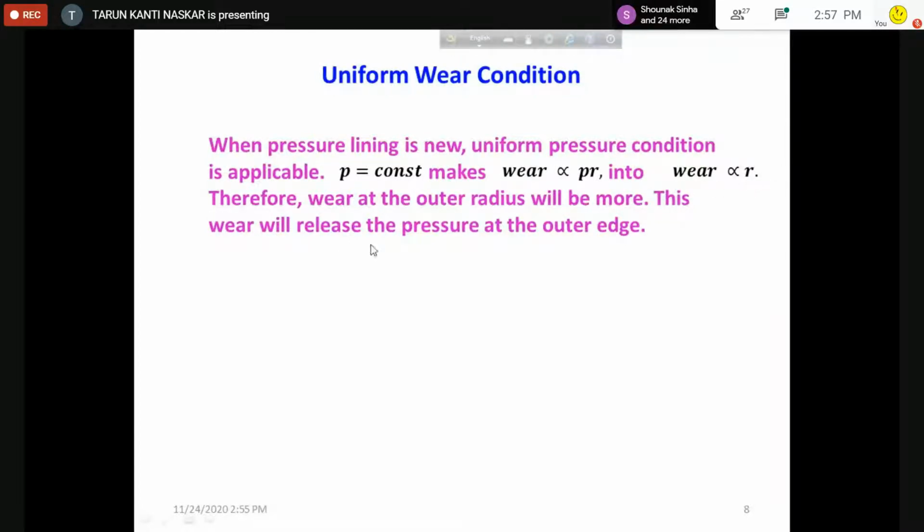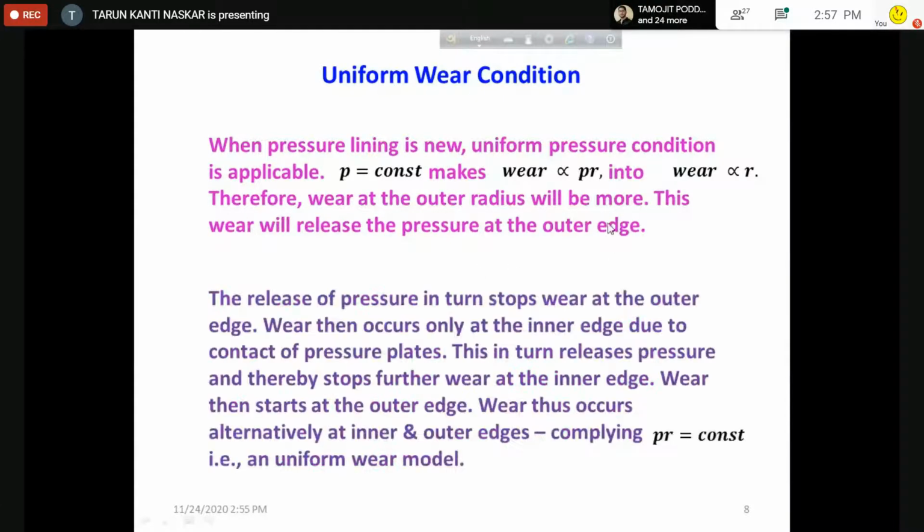This wear will release the pressure at the outer edge. The release of pressure in turn stops wear at the outer edge. So wear then occurs only at the inner region, due to contact of the pressure plates.